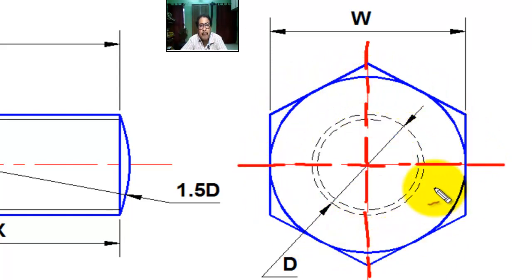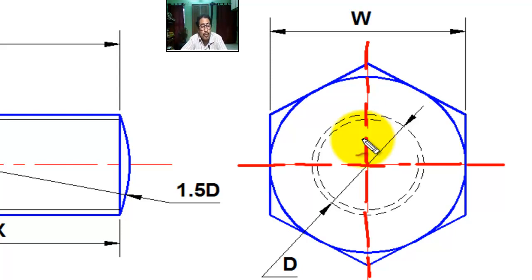Next, we draw the circle, the chamfer circle. Chamfer circle width is W, 1.5d plus 3 millimeter, but this is not the actual diameter of the circle.